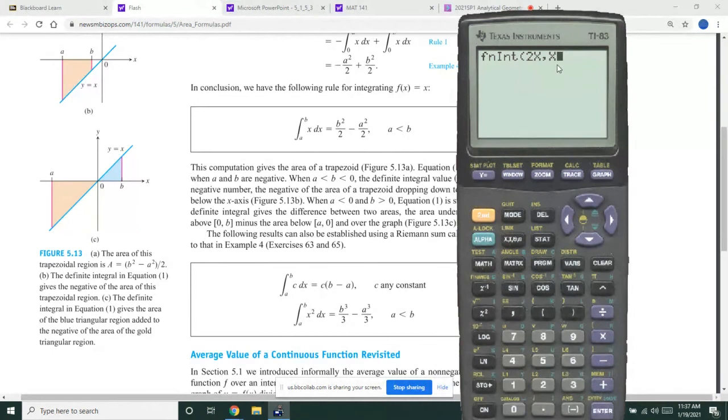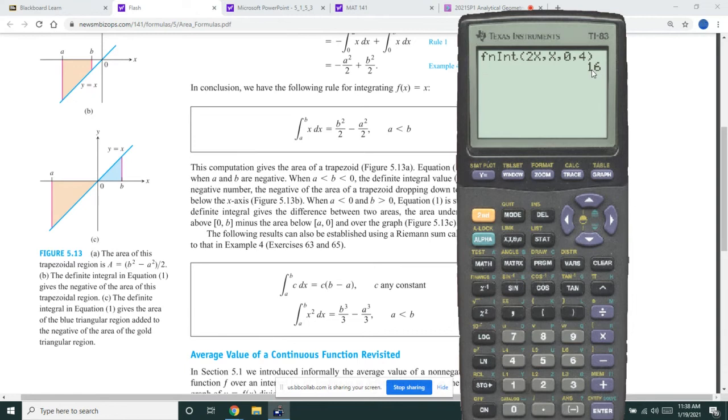Then you put in your lower limit, and your upper limit. And it gives us the integral of 16. Now, you can only use the calculator for definite integrals. You must put in a lower limit and you must put in an upper limit.